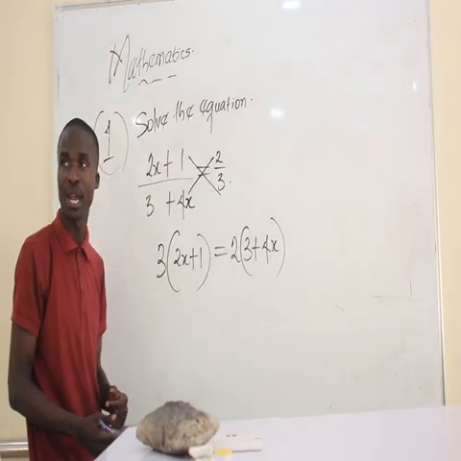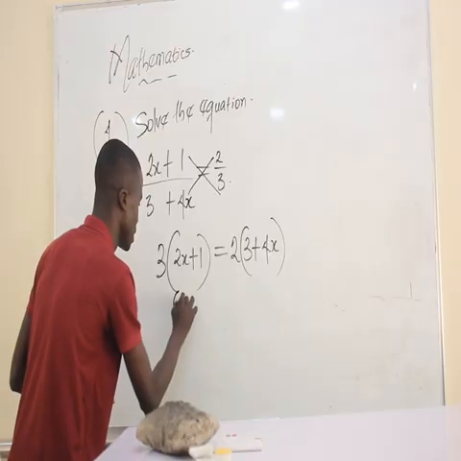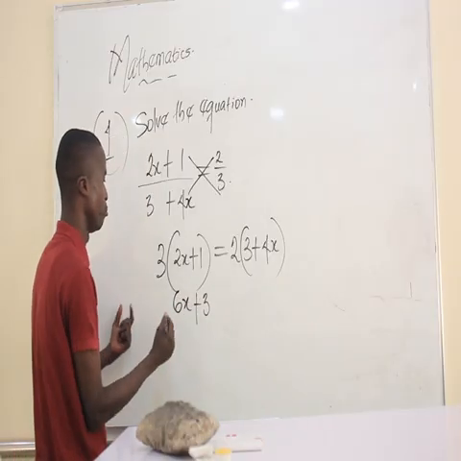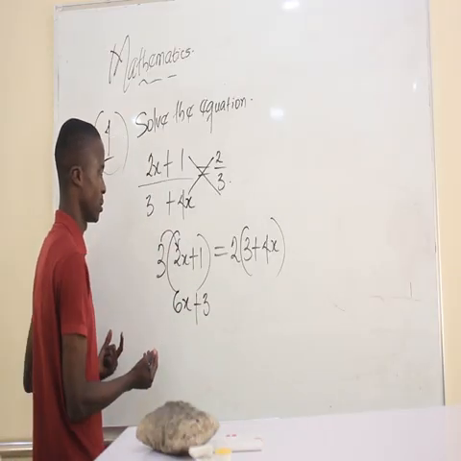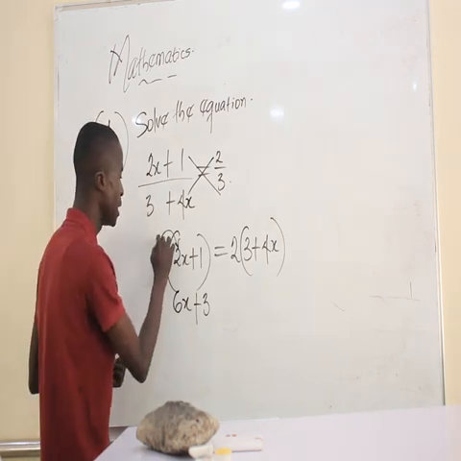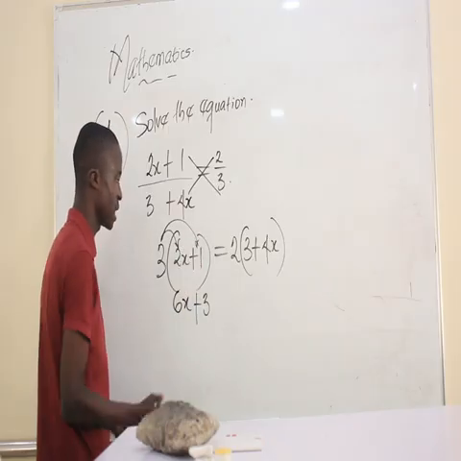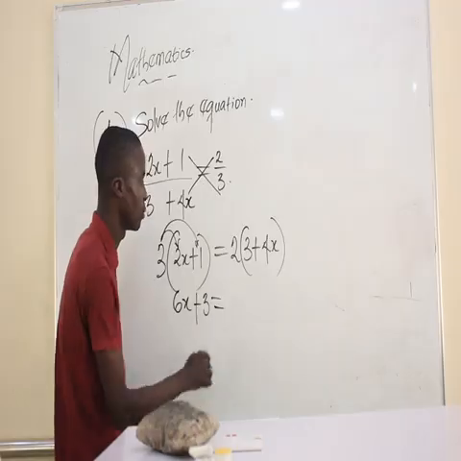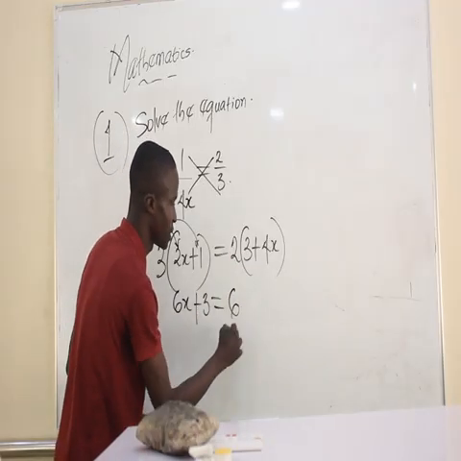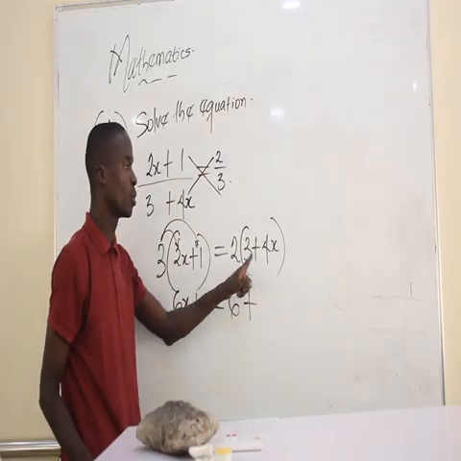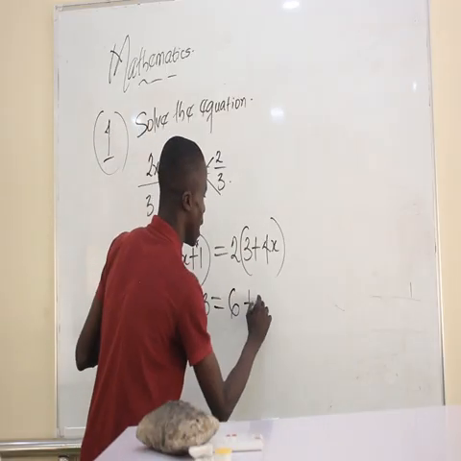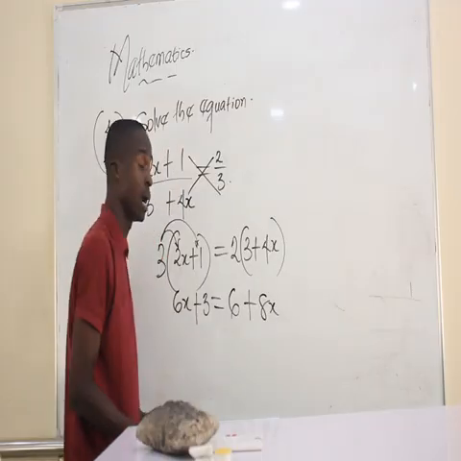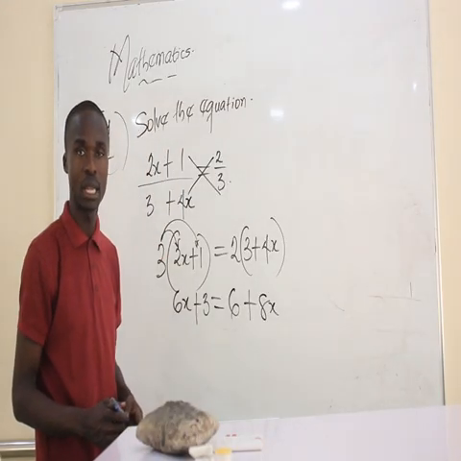You are to open this bracket. Opening the bracket, you have 6x + 3, meaning 3 will multiply 2x, and also 3 will multiply 1. Then 2 multiply 3, you have 6, plus 2 multiply 4x, you have 8x. Now, the next thing, you are to collect like terms.